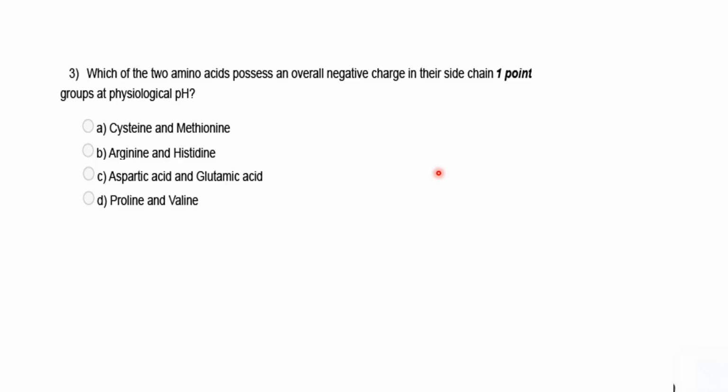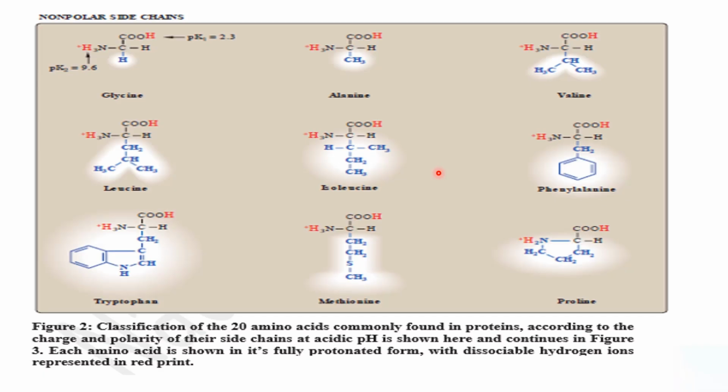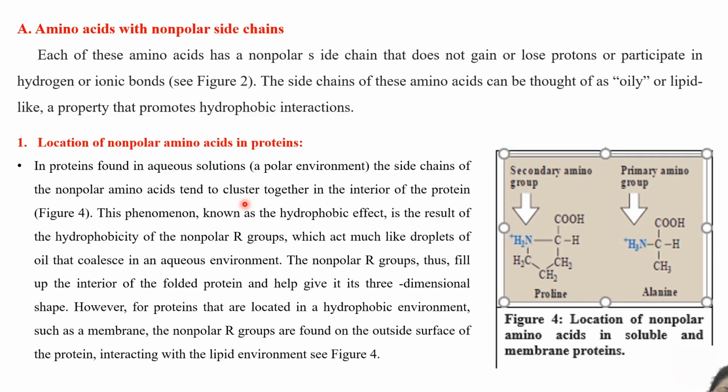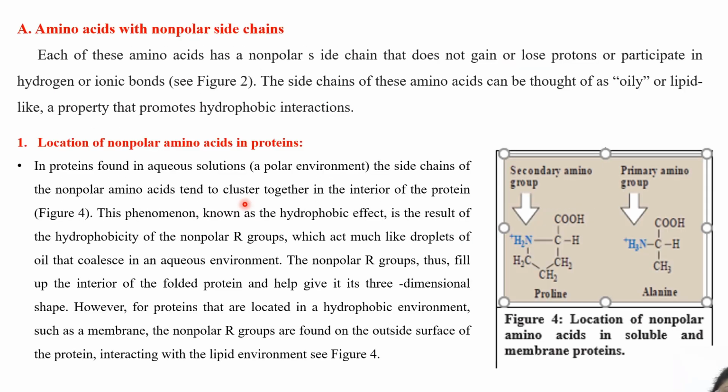Okay. So basically, there's one option here that is correct, which will be aspartic acid and glutamic acid, right? Why? I'll go to the structure. Amino acids with uncharged polar chains.